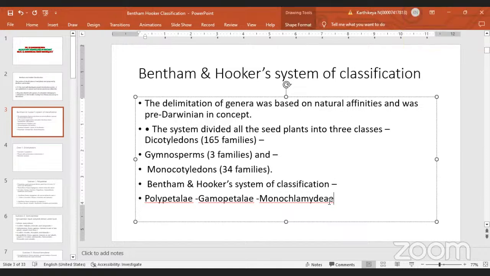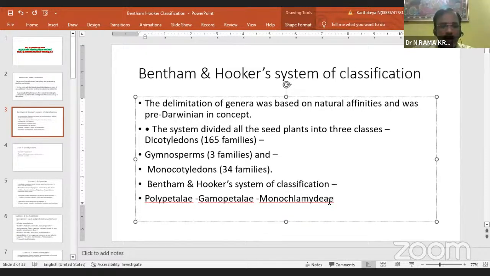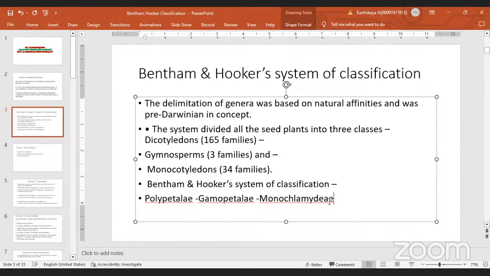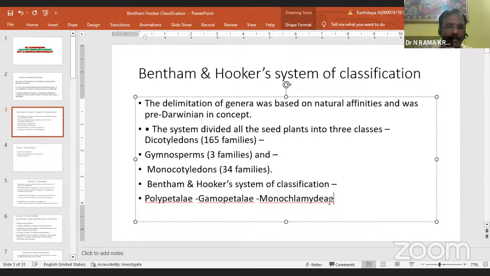Before going to this description, you see this entire classification depends on floral characters, floral parts: calyx, corolla, androecium, gynoecium. Calyx is our botanical terminology; the English name is sepals. Sepals means calyx. Second one is corolla, which is botanical terminology; petals is the English word. Is it okay now?